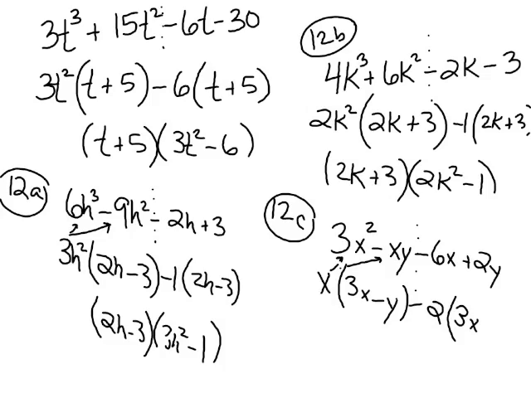Negative 1, y. Alright. So the negative 2 times 3x takes me back to the negative 6x. And negative 2 times negative y takes me back to positive 2y.